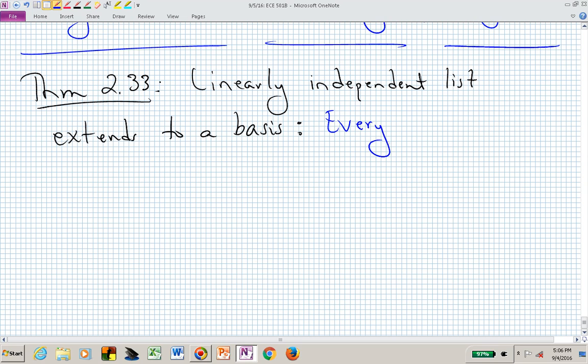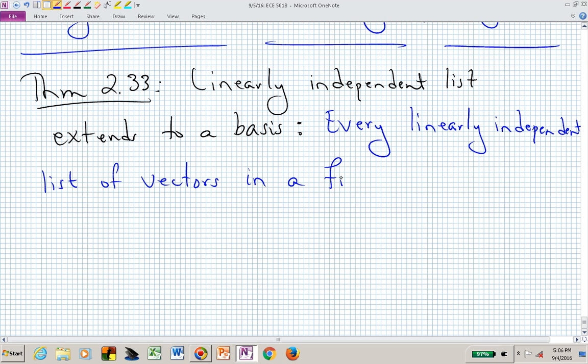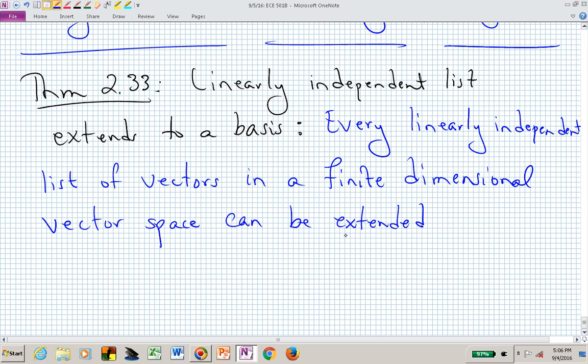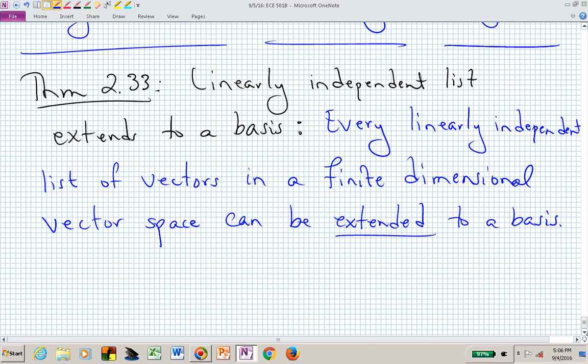This theorem now says every linearly independent list of vectors in a finite dimensional vector space can be extended to a basis.